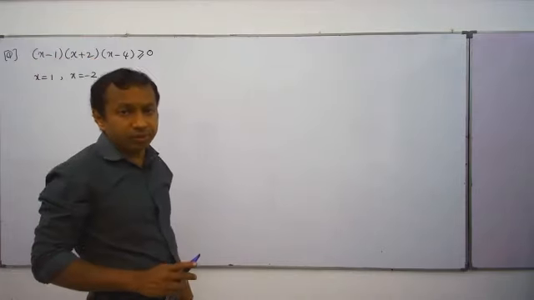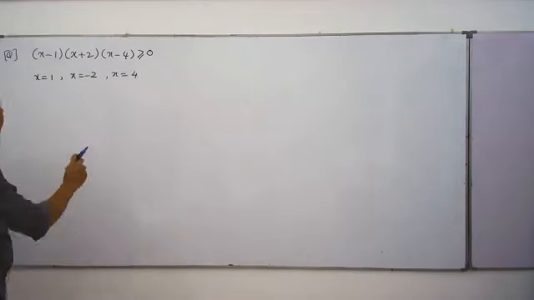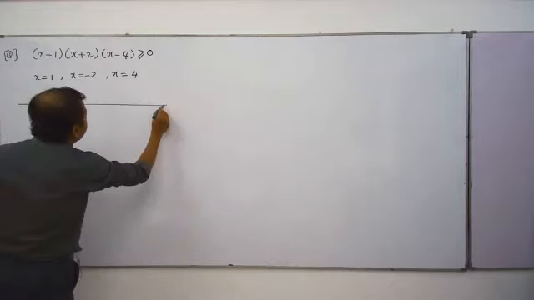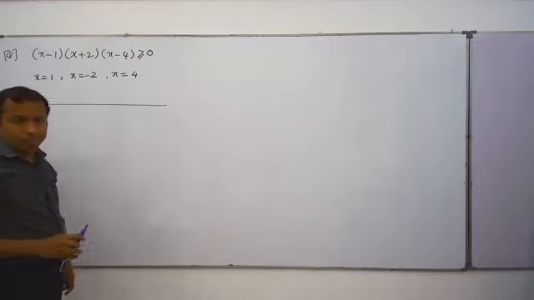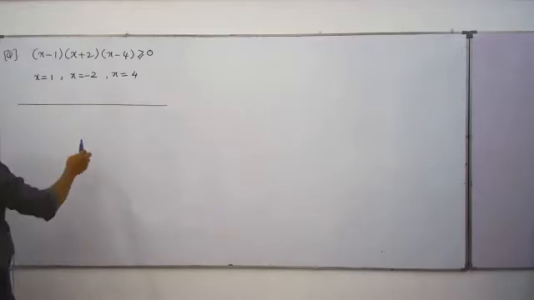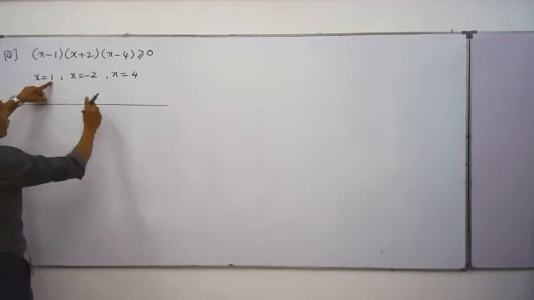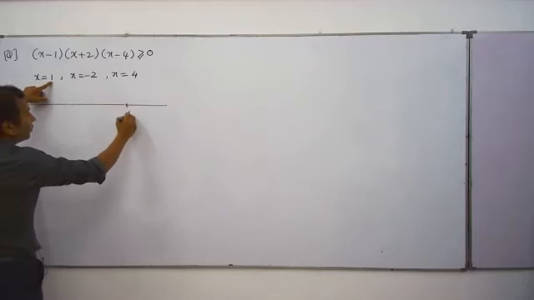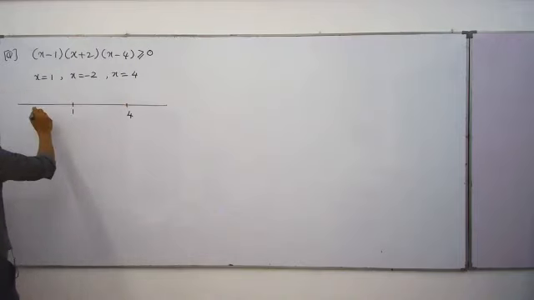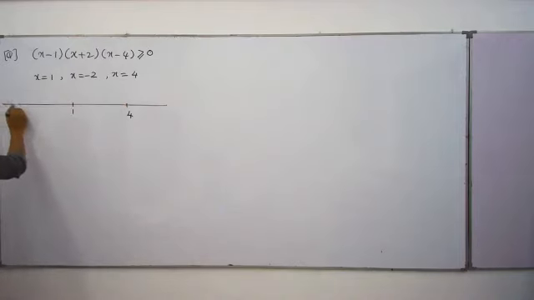Soon after finding the x values this way, people, draw the number line. On the number line, we have to mark these numbers. X is 1, x is 4. I take 4 here, 1 here, minus 2 here. Right.